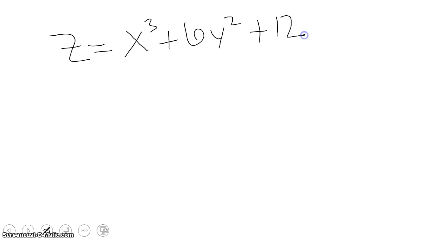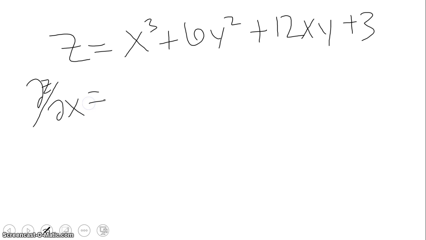Let's try one more example. So we'll get x to the third plus 6y squared plus 12xy plus 3. And we'll find our partial of z in terms of x. Alright, what's the derivative of x to the third? 3x squared. 6y squared: there are no x's in this part of our equation at all, so that's a constant.